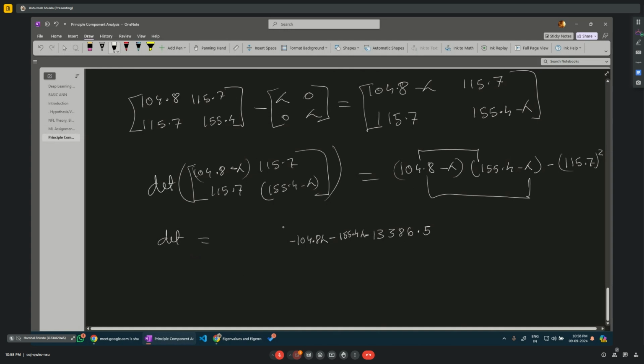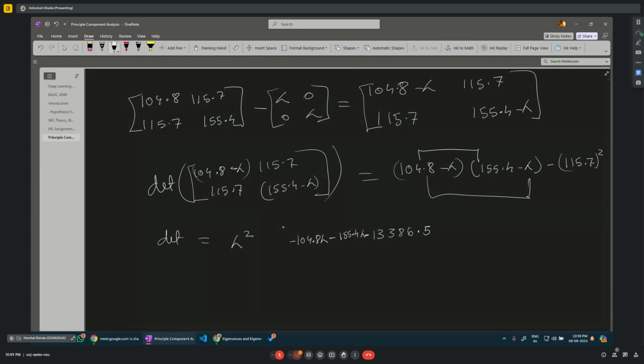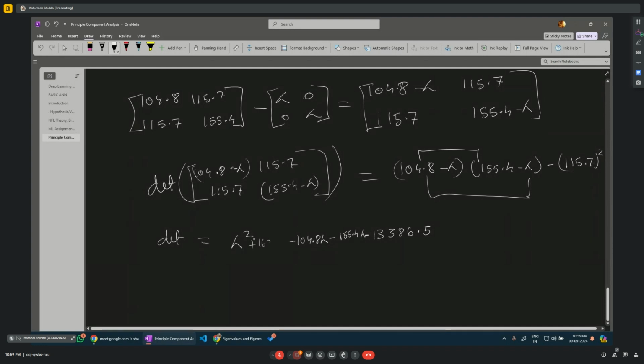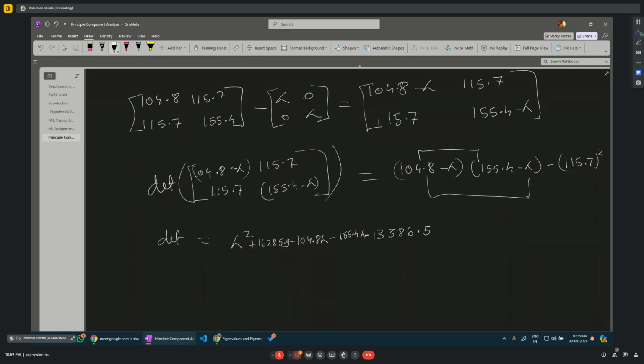Then there is also going to be lambda square, and the multiplication of these two numbers, which is going to be positive: 104.8 multiplied by 155.4, which is 16,285.9. So we solve this by subtracting these two.